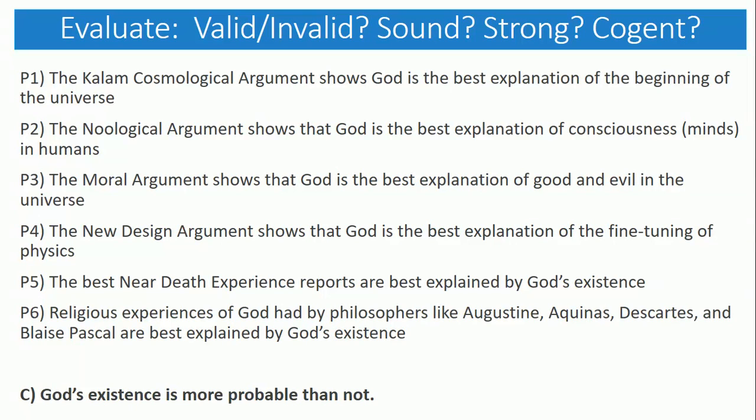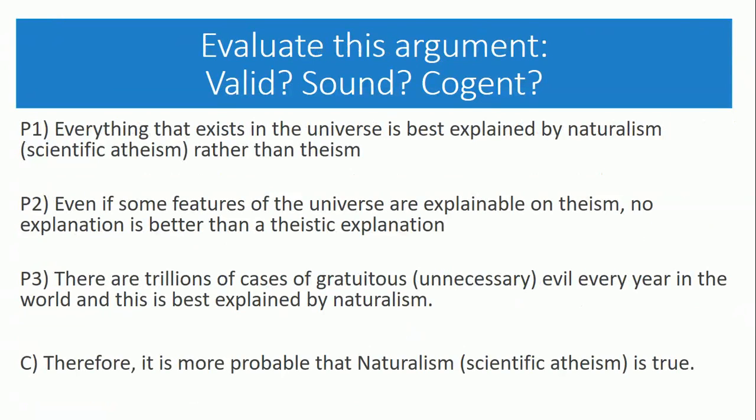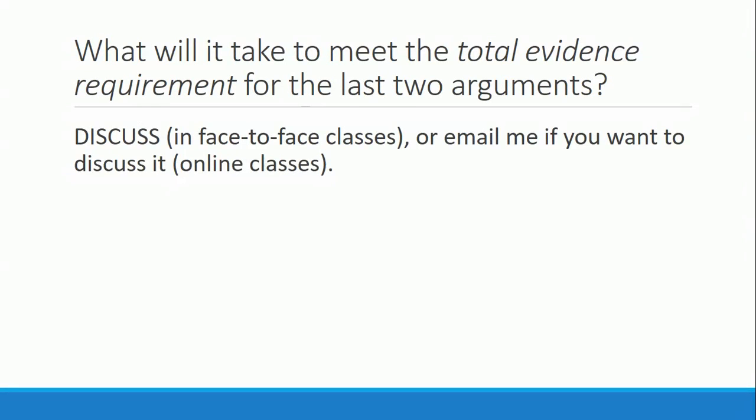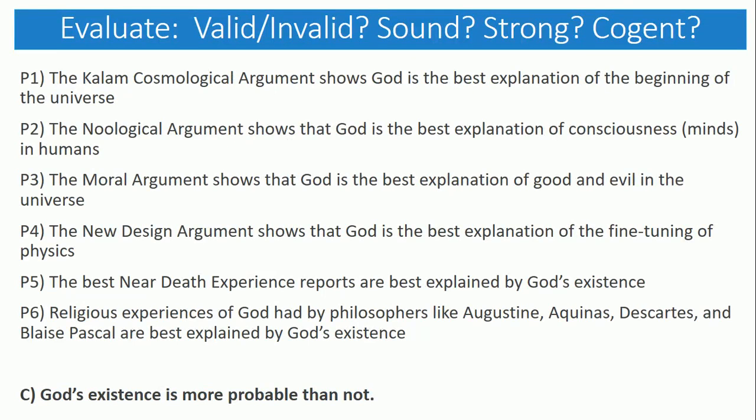You might not be in a position to judge whether or not this is cogent or strong. Okay? So, the same here. For me, I think actually this is a strong and cogent argument, but you guys are in a different epistemic position. It would take a lot more study to meet the total evidence requirement for the last two arguments. All right, shoot me an email if you want to discuss it.